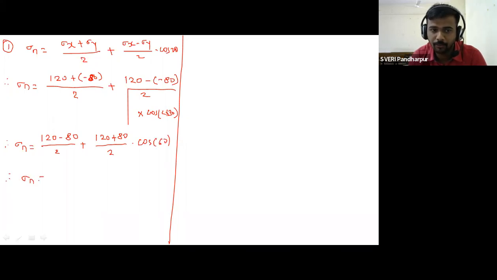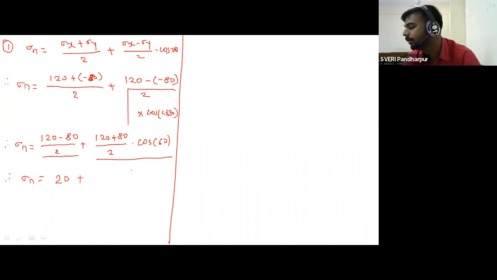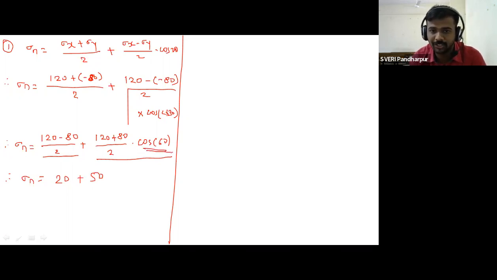Then tell me the value of the first parameter quickly. 120 minus 80 divided by 2. This is 20. Plus, do the multiplication of this entire term. How much? 50. Please check your answer. 120 plus 80 divided by 2, multiplied by cos 60, and that answer is equal to 50. So your sigma n is equal to 70 Newton per mm square.